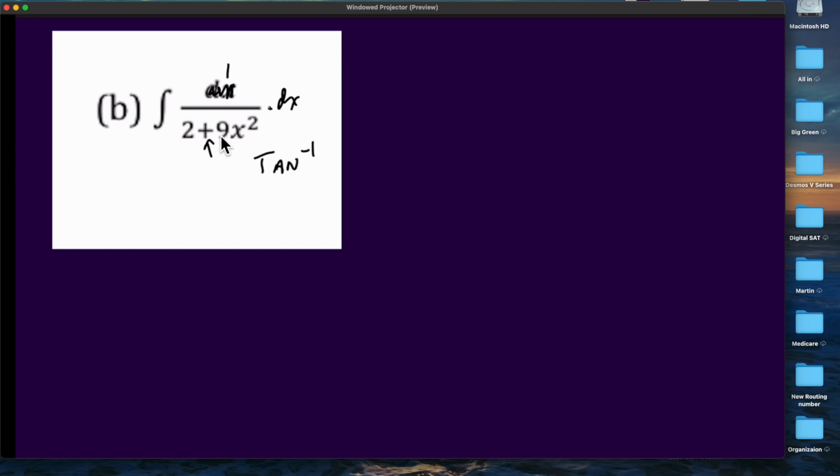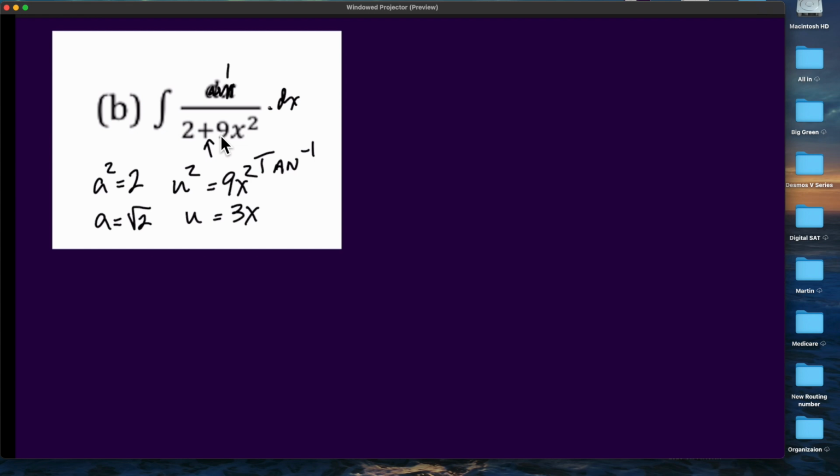Okay, so we're going to let a squared equal 2 and u squared equal 3x. That means a is going to equal the square root of 2 and this should be 9x squared, and u is going to equal 3x.